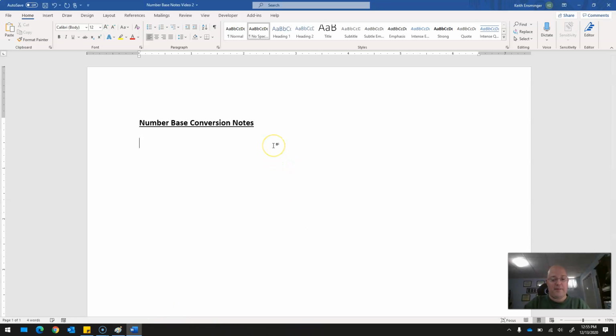We have to convert from our system, in other words, base 10, the decimal system, into another number base. So 37 in base 10 is equal to what in base 2?